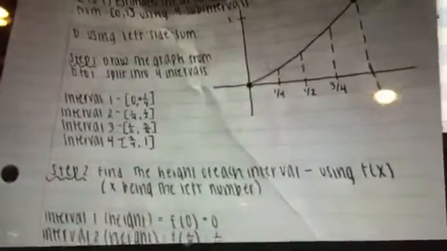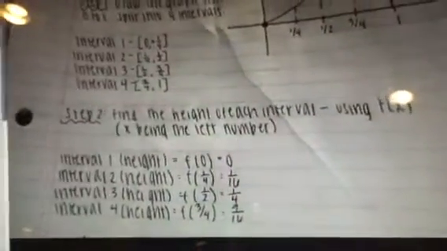Going on to the midpoint, back in step 1 we do the exact same thing: you split those intervals. In step 2, instead of finding the height using the left or right side, you find the midpoint of each of the subintervals.